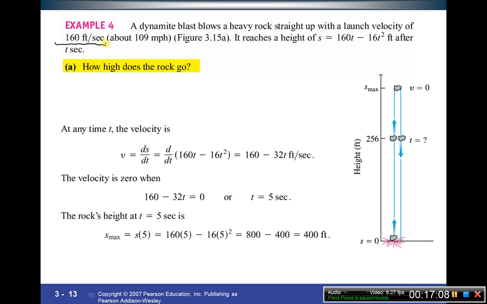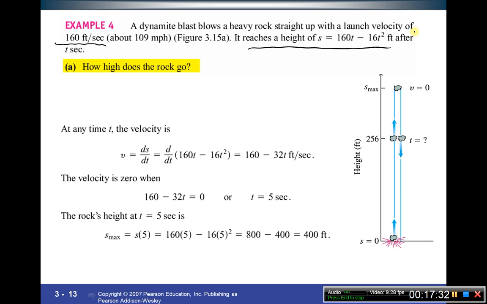This is caused by a dynamite blast, and it reaches a height of s equals 160t minus 16t squared after t seconds. So there are questions here. How high does the rock go?